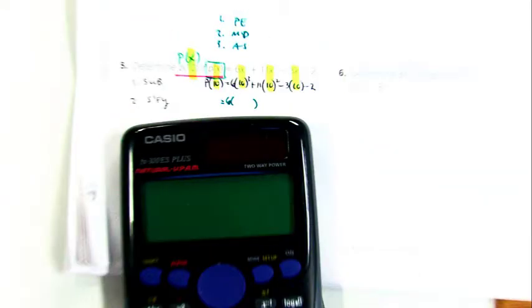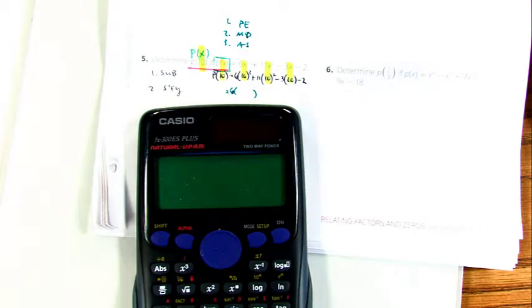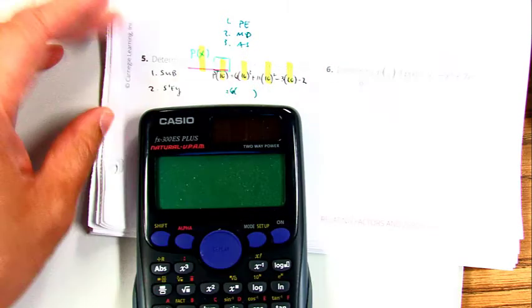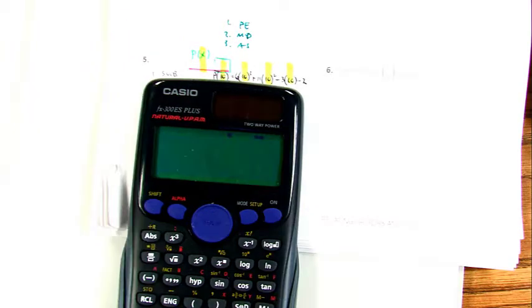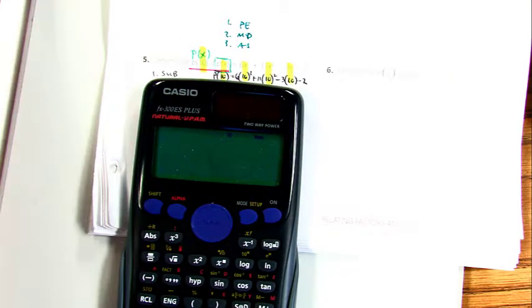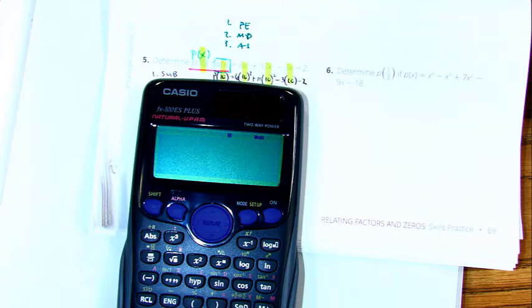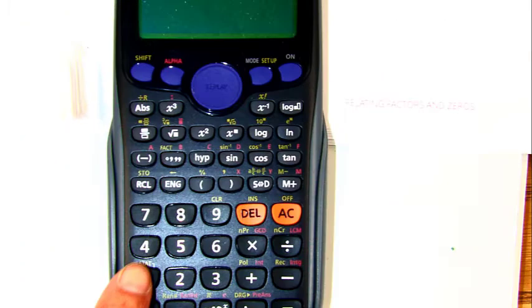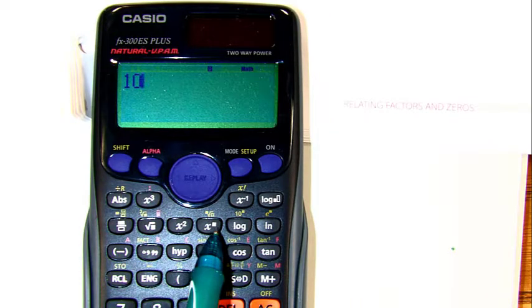Now, I have this Casio. And to do this, I'm going to press on. I'm going to have to press 10 to the third power. So I'm going to press 10. And then the button I'm going to press is the exponent button. Some of your calculators have like x to the y power.